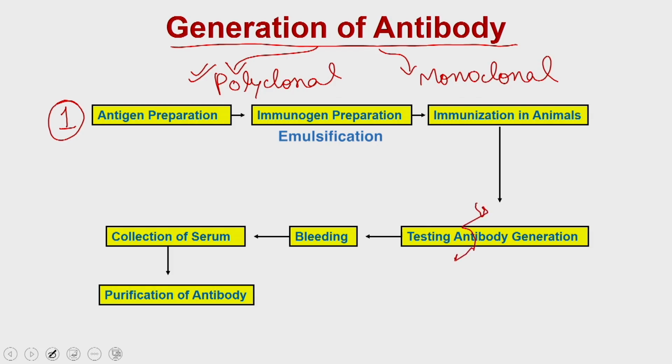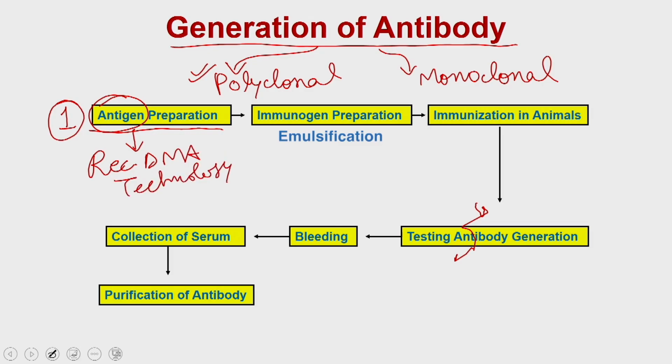The first step is that you are going to prepare the antigen. That antigen preparation may also require that you clone this particular antigen into an expression system using recombinant DNA technology, and using that technology you can produce the antigen in a large quantity.